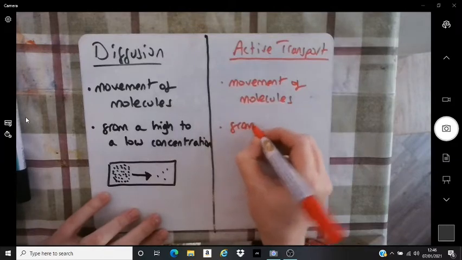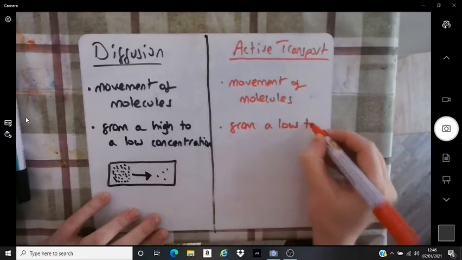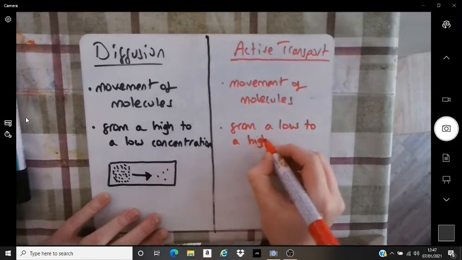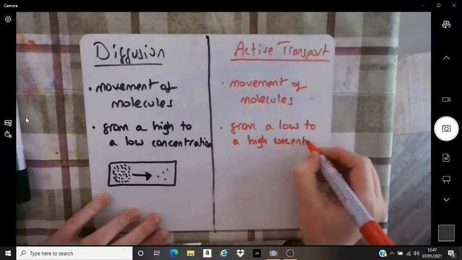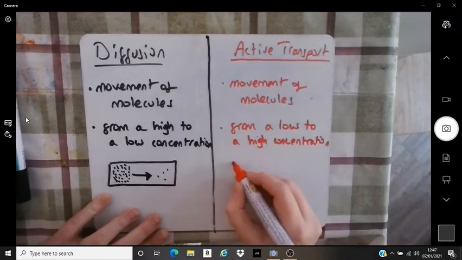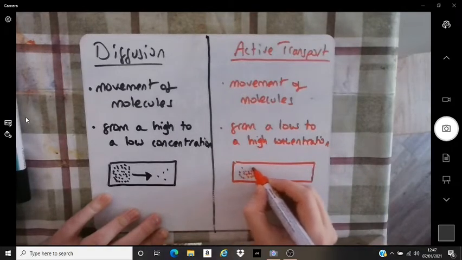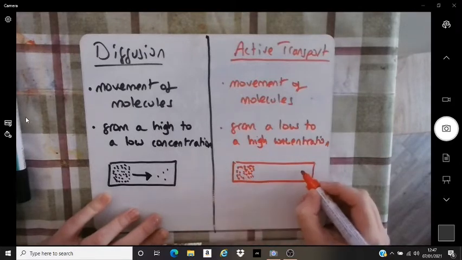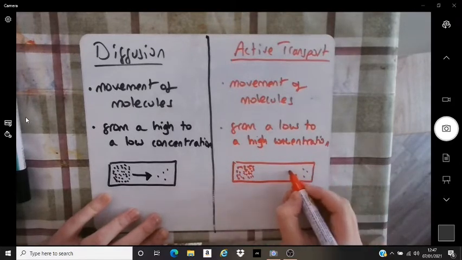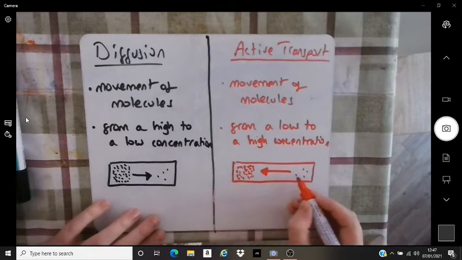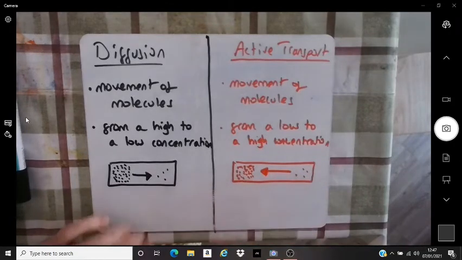This is when molecules move from a low concentration to a high concentration. So again, if I do the same box approach, if I have a high concentration of molecules on the left-hand side and a lower concentration on the right-hand side, active transport would actually mean the molecules move towards the high concentration, which is completely against nature, really. It's completely against what usually should happen.